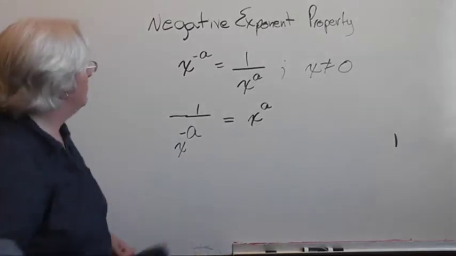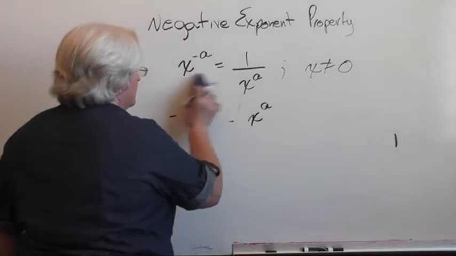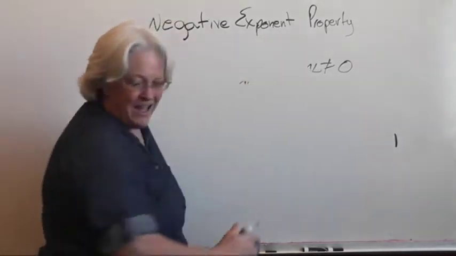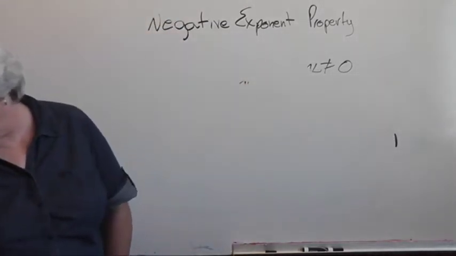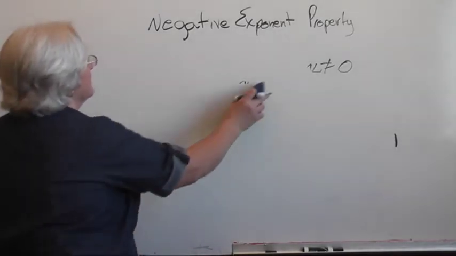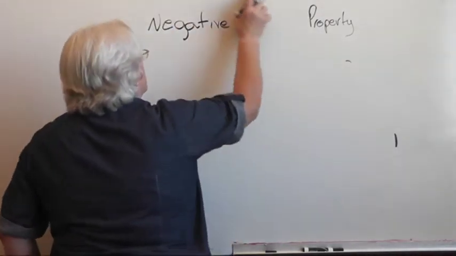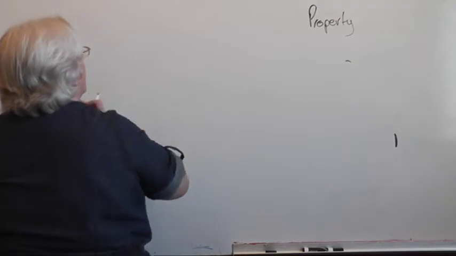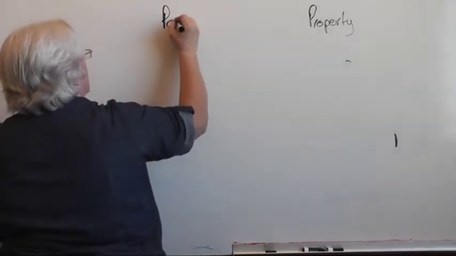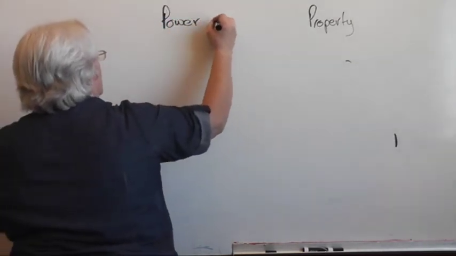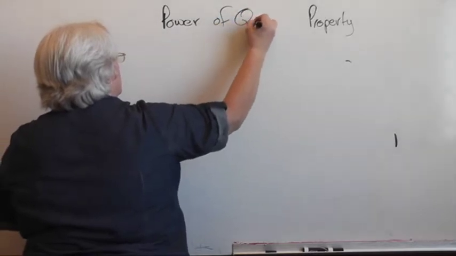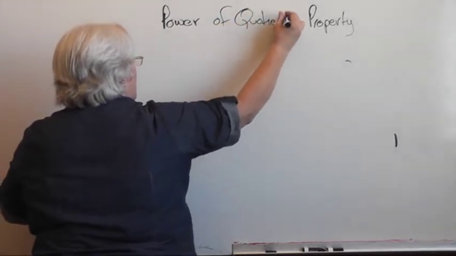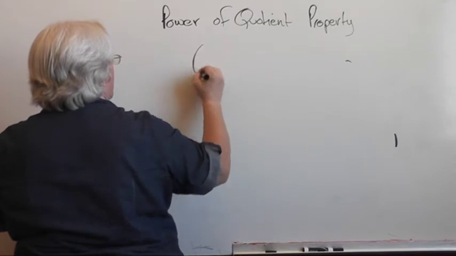The final one that we want to do is the power of a quotient property. Now remember, what did we do when we had the power of a product?